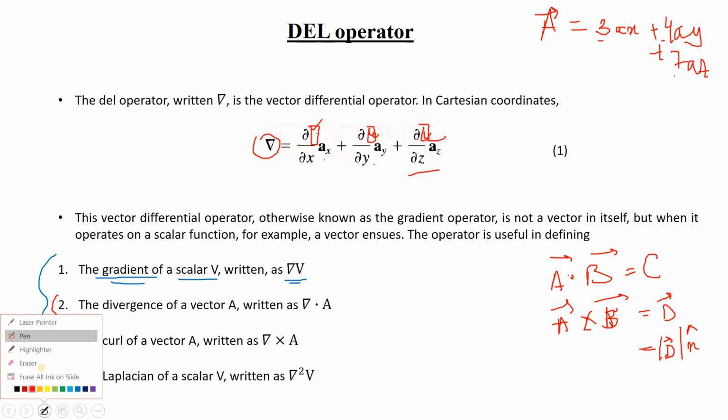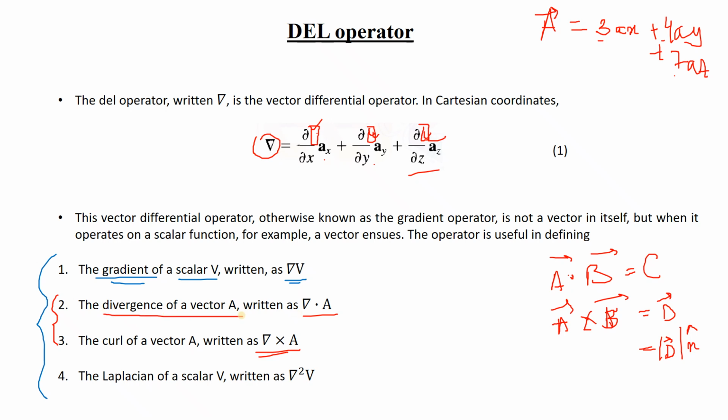Similarly, the del operator, when applied on a vector, can be applied as a dot product or as a cross product. When it is applied on a vector as a dot product, it is called the divergence of a vector.